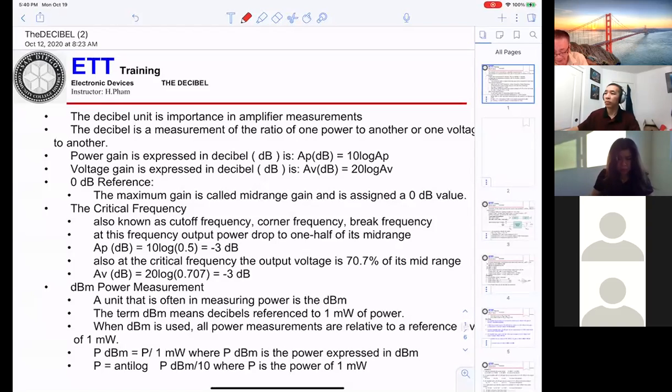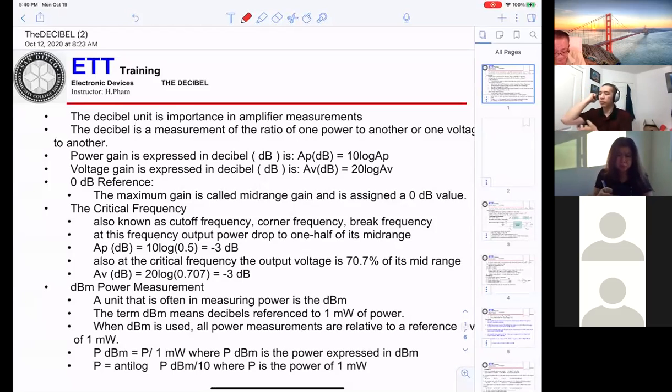That means the output voltage goes down to 0.707. If you calculate A_V in dB, you take 20 log 0.707, which equals minus 3 dB.